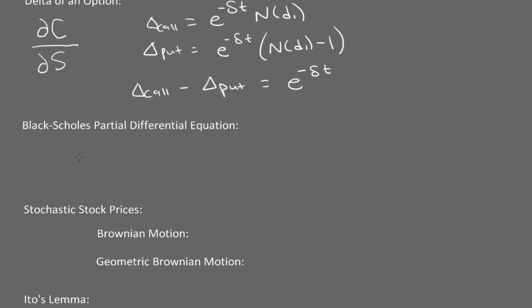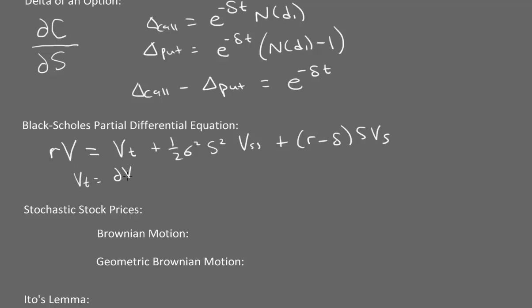The next concept is the Black-Scholes partial differential equation, and what this states is that the risk-free rate r multiplied by the value of our option V is equal to Vt, which I'll define below, plus 1/2 sigma squared S squared Vss plus (r minus delta) S Vs. Now Vt is the change in the value of our option with respect to time.